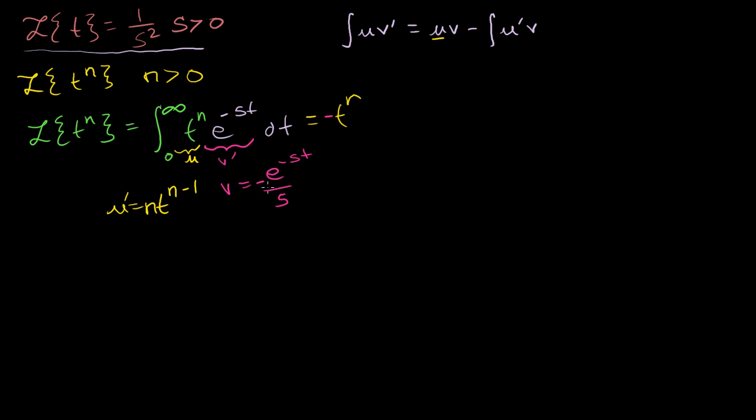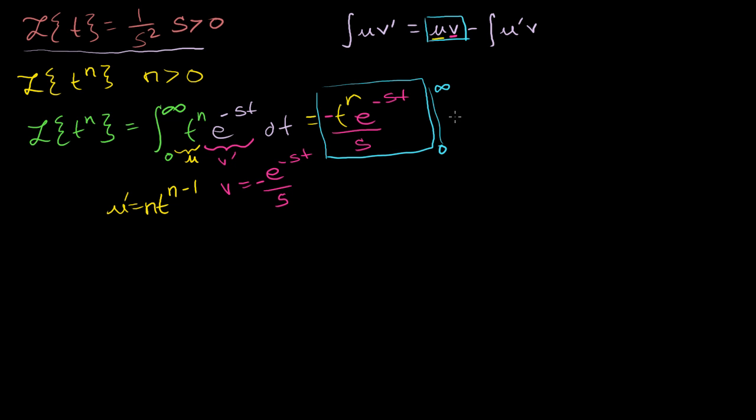Minus, I'm just rewriting this, e to the minus st over s. And so that's the uv term right there. And of course, I'm going to have to evaluate this from 0 to infinity. So let me write that, 0 to infinity.